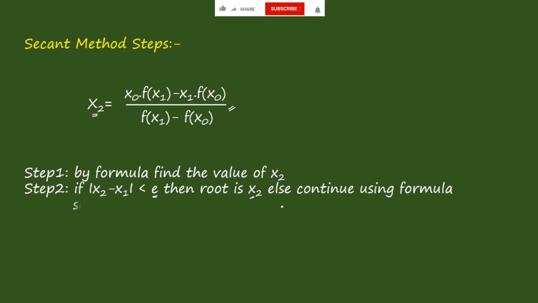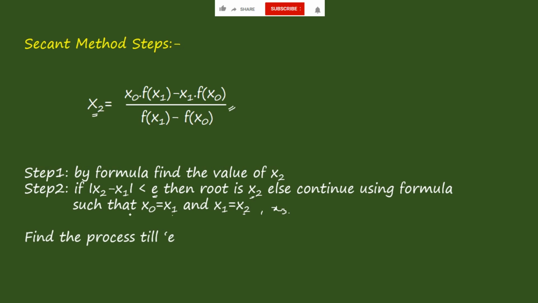Else, we take x0 equal to x1 and x1 equal to x2, and again find the value of x3 using the formula. This is the process of finding the roots of a function, where e is the acceptable approximate error. Now we will solve a few problems on it.